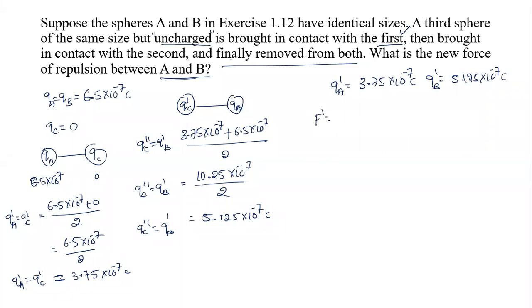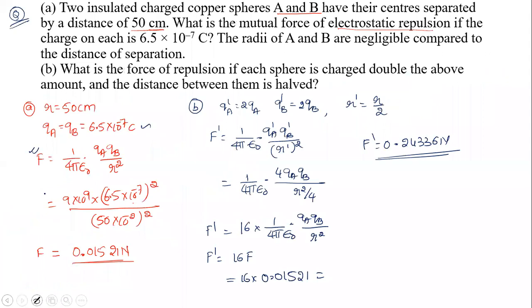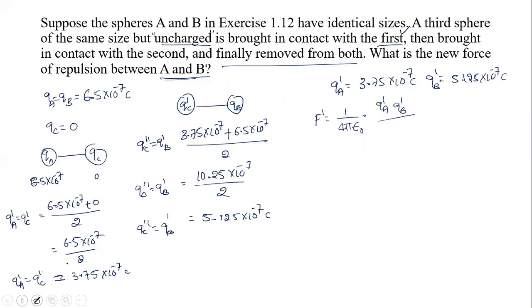The new force F prime is 1 divided by 4 pi epsilon naught multiplied by QA prime into QB prime divided by distance squared. The distance is the same because they never talked about distance here. The distance between them was 50 centimeter, like the previous slide. So 50 × 10^-2 whole square.